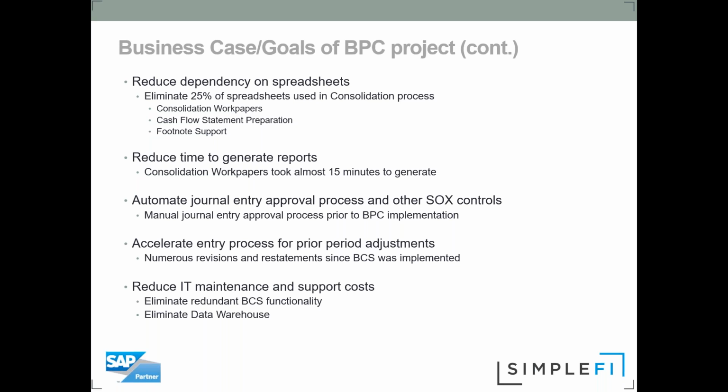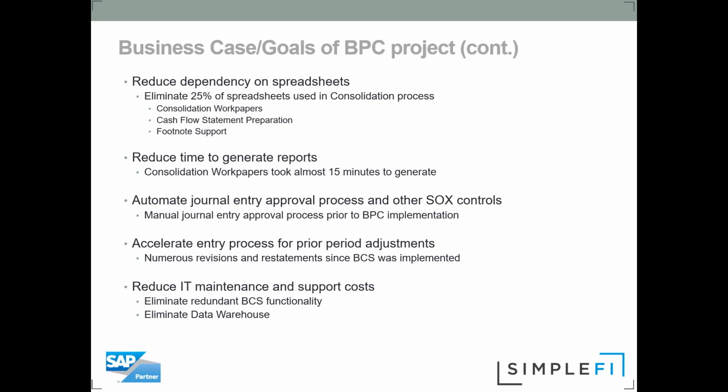There's that redundant BCS functionality. I think that was being done in BCS and also being done manually on spreadsheets. In addition to that, they had created a data warehouse at the same time as BCS, and some of that historical data resided there. They wanted to remove that entirely and have everything reside within BW.